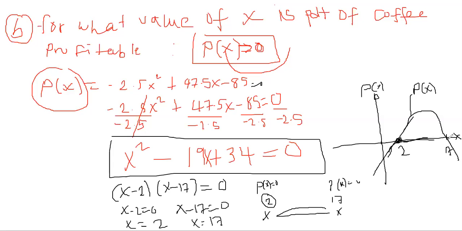But if they produce beyond 17, you see, this becomes negative. Before 2 also, like if they produce 1, the profit will be negative. So production is only profitable when the quantity produced is less than 17 but greater than 2.